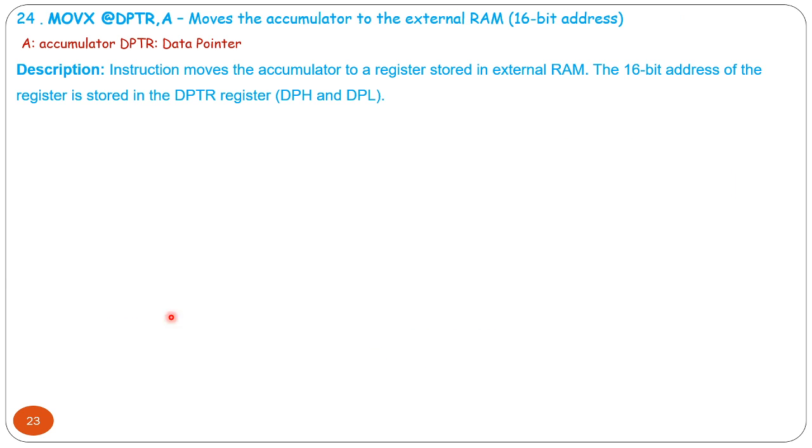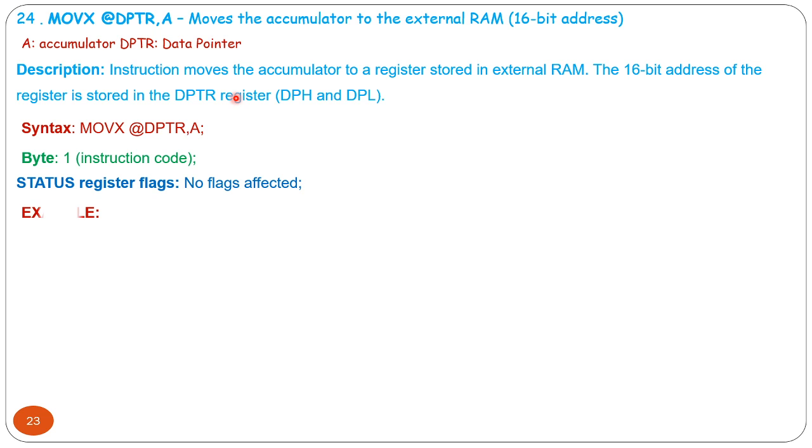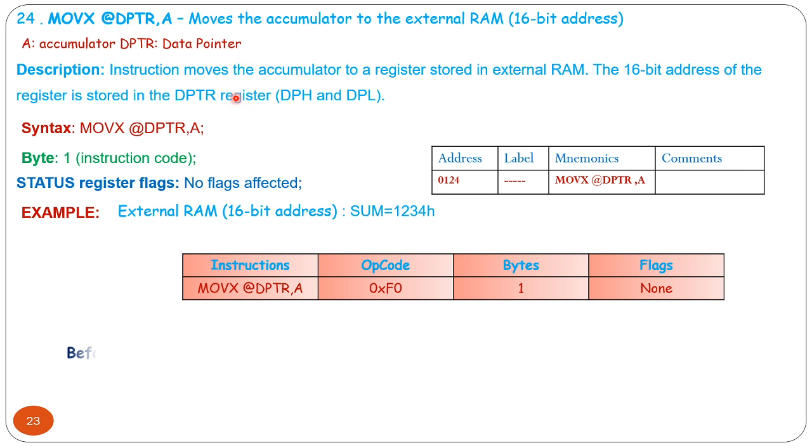MOVX @DPTR, A. The content of accumulator moves to external memory, and here the DPTR register is a data pointer.